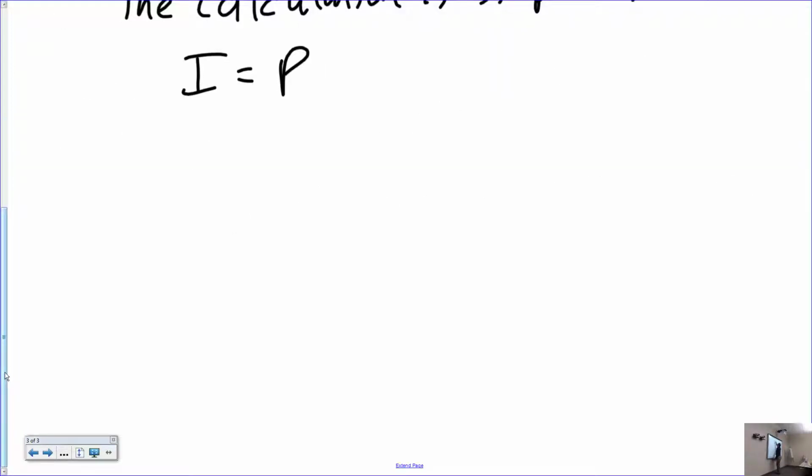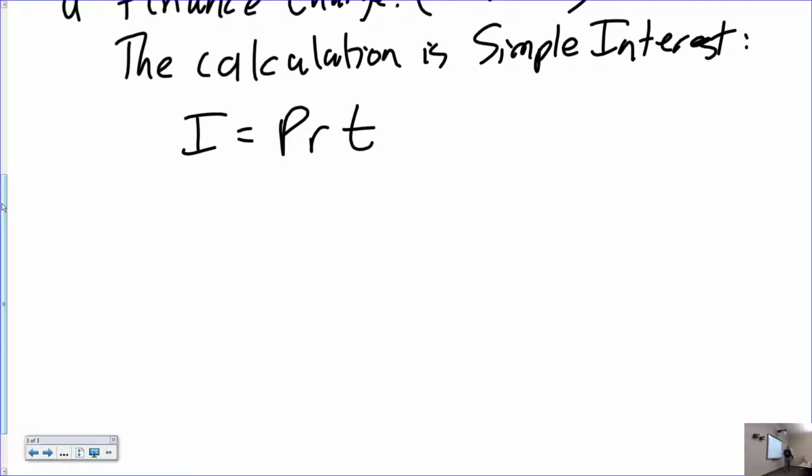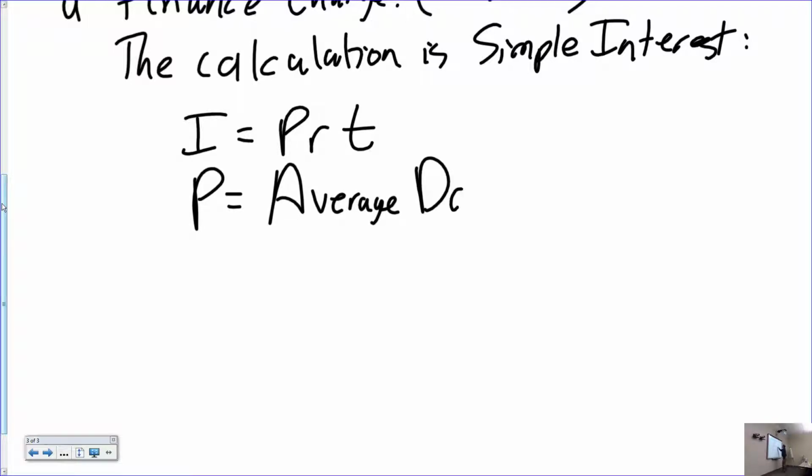I equals PRT. Now, there are some conditions behind all of this, folks. When they go to calculate what the interest is, or the finance charge, if you will, P is the average daily balance for your billing cycle.